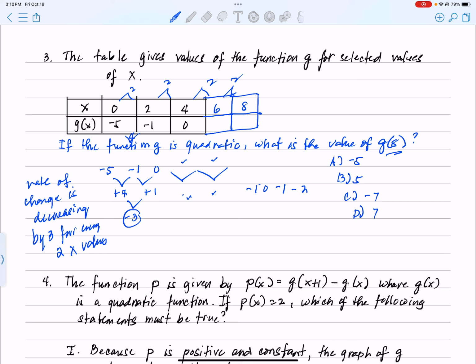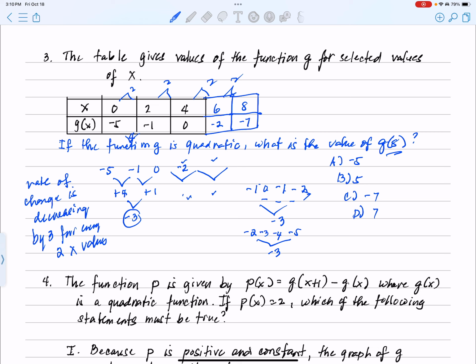The difference 1, 2, 3 going down, decreasing by 3. So you could say that this is -2, and going down again from -2, you have -3, -4, -5. By just doing that, decreasing by 3, you will know that this is -7.